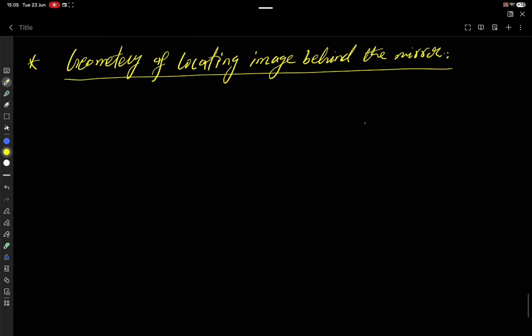The first point: suppose this is my mirror and this is my object.